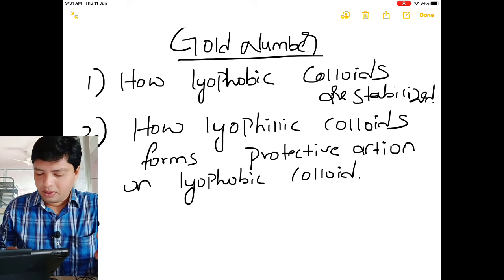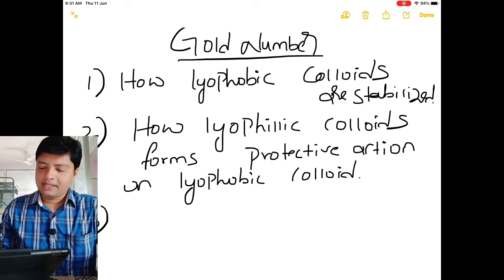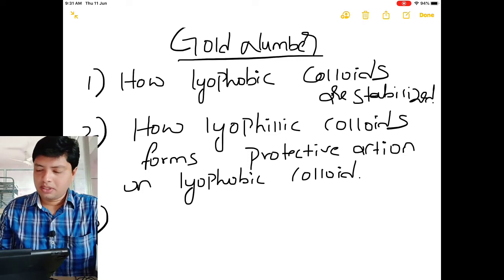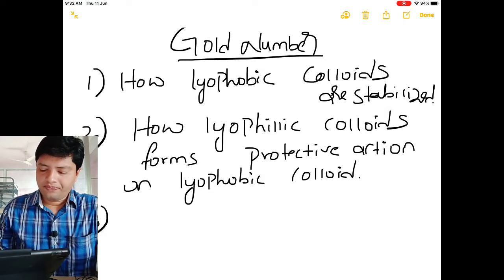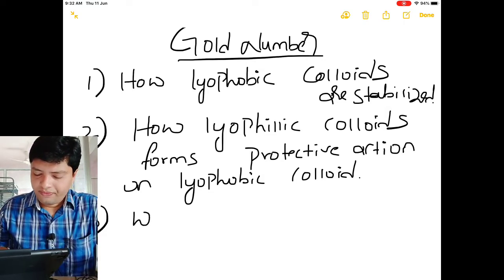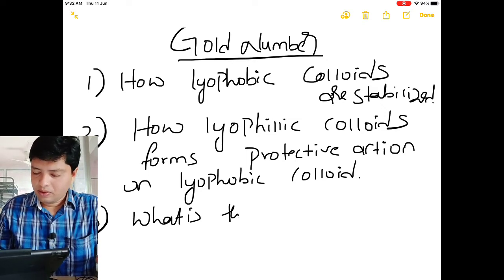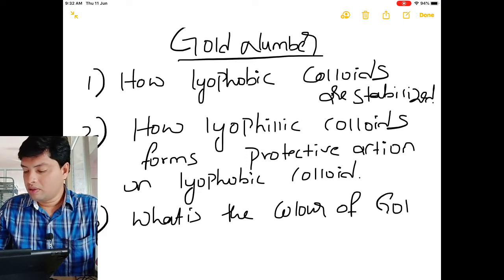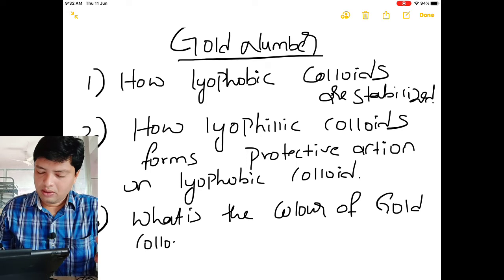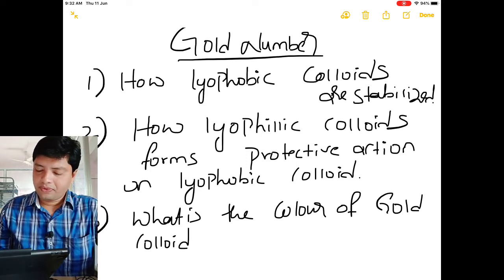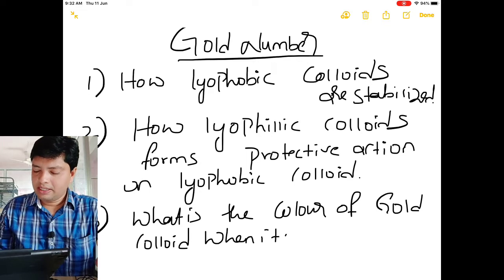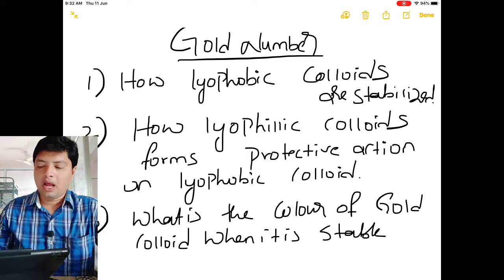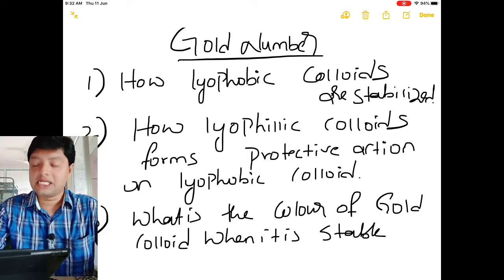Lastly, after knowing these 2 concepts, we'll take an example and see what is the color of gold colloid when it is stable, and also what is the color of gold colloid when it is unstable.